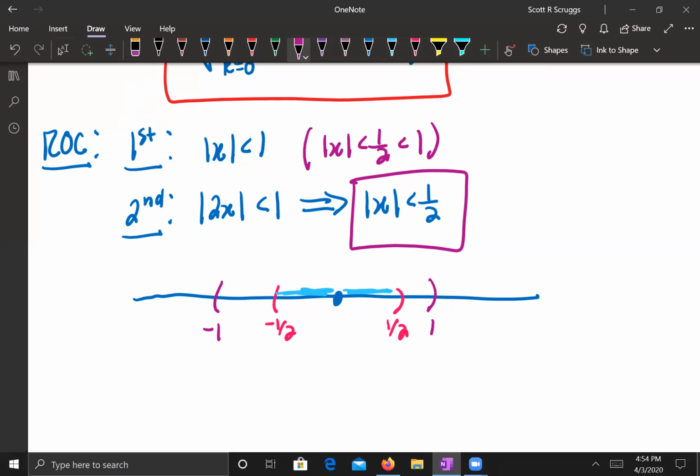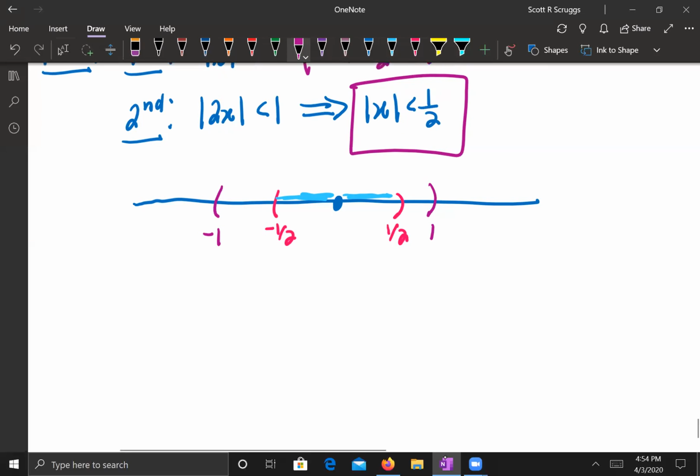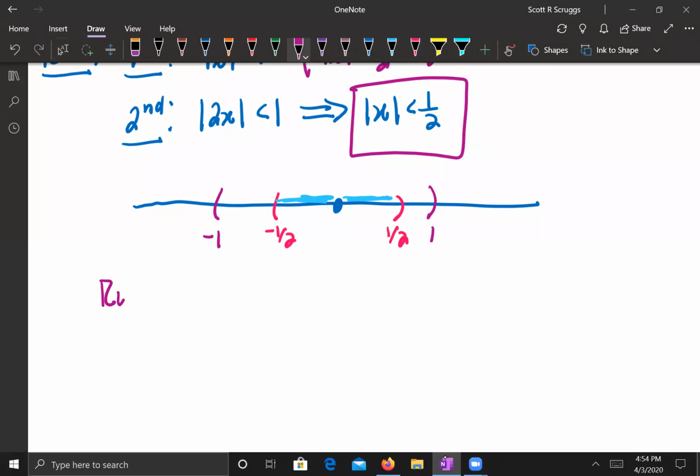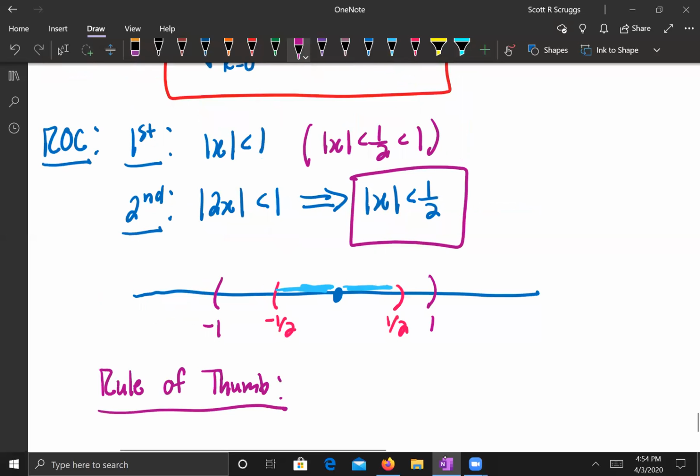And so my rule of thumb: if I'm adding and subtracting two power series and I have to choose the radius of convergence, I want both of those power series to converge. And to ensure that both converge when I add or subtract, I'm going to choose the smaller radius of convergence.